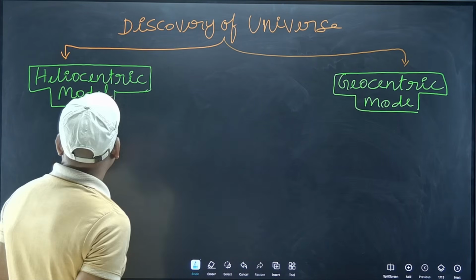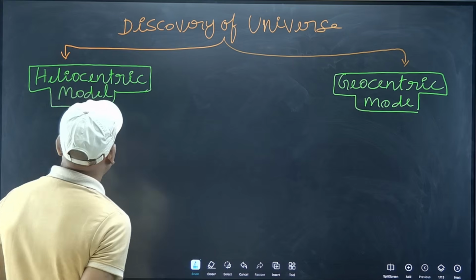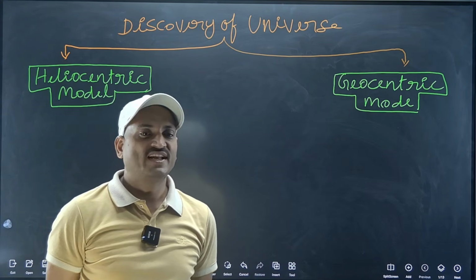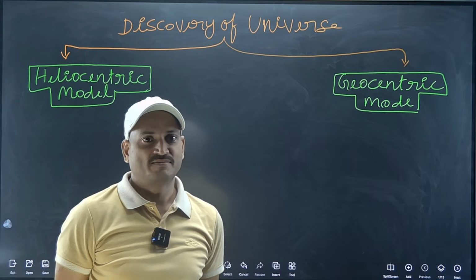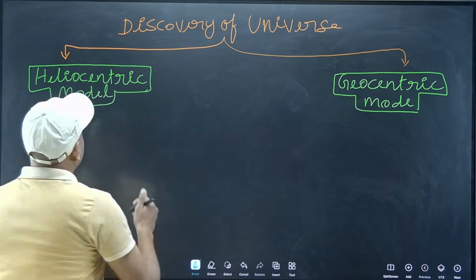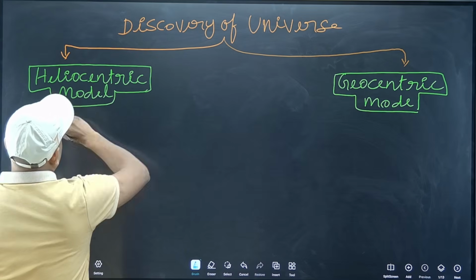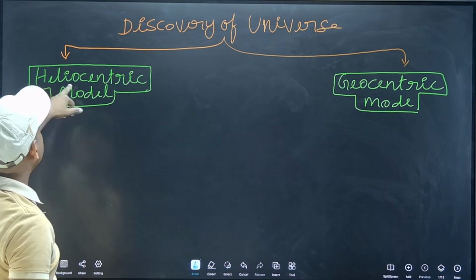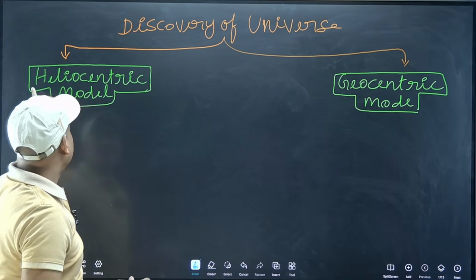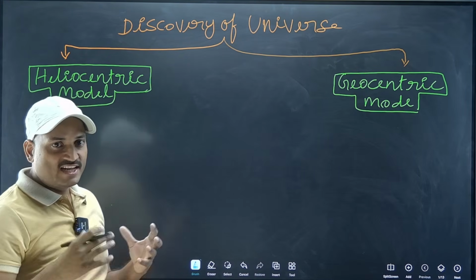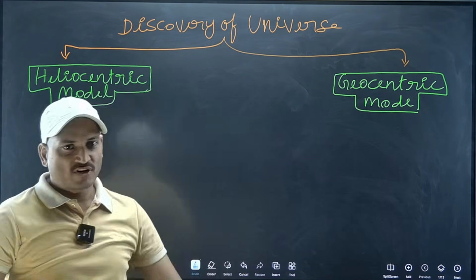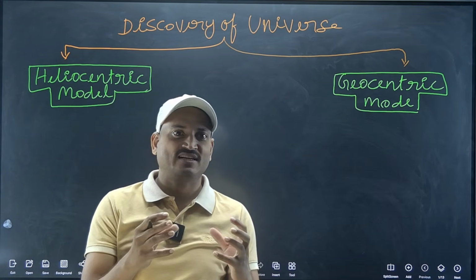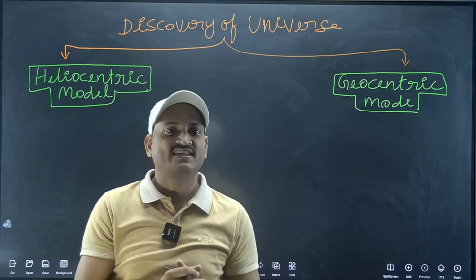Today we are going to look into the heliocentric model and try to draw the subject matter of relevance for our upcoming exams. As the name suggests, if the prefix helio is added before any word, it means that word is related to the sun, or to the existence, quality or characteristic of the sun.